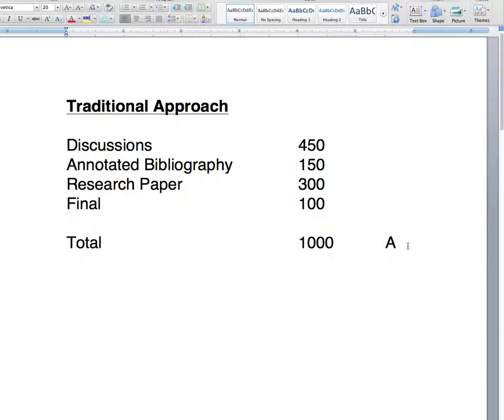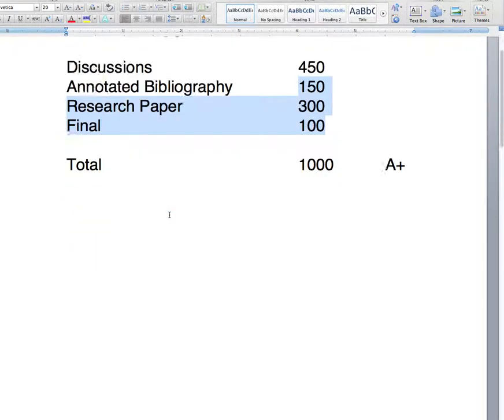Or you could do another project to build some points. You could do some of the quizzes. So let's not assume that you're going to get a perfect score on these things, and you could actually add to the discussions or do something else.